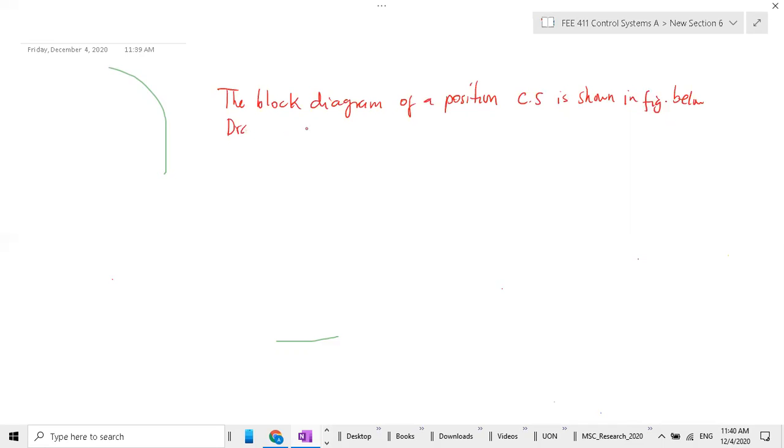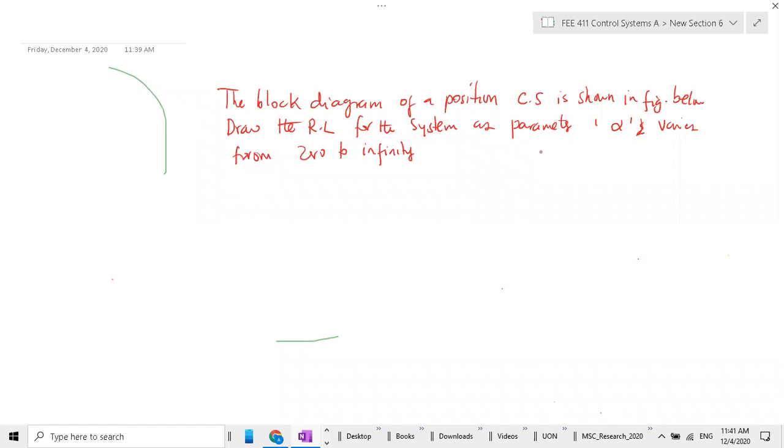Draw the root locus for the system as parameter alpha varies from 0 to infinity. So this is just to say alpha is greater than 0, or k is greater than 0.